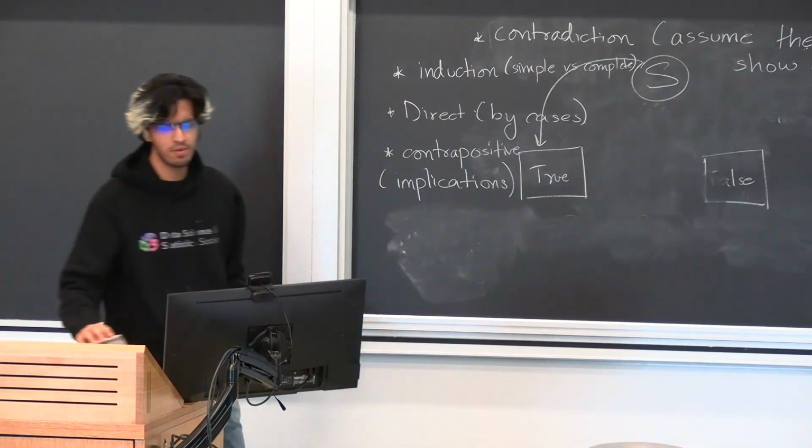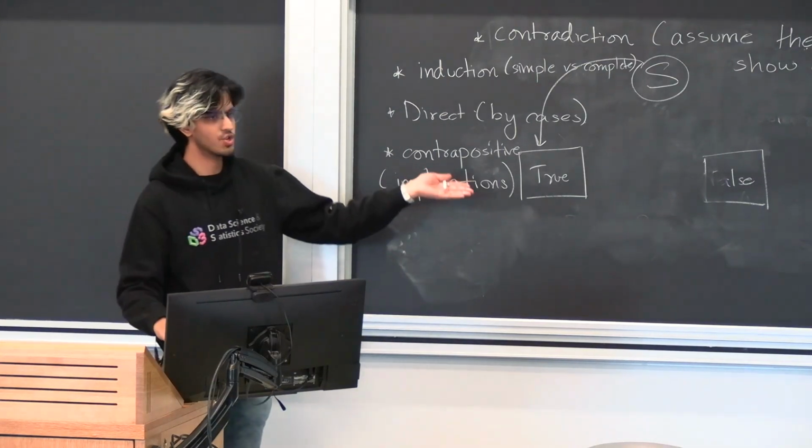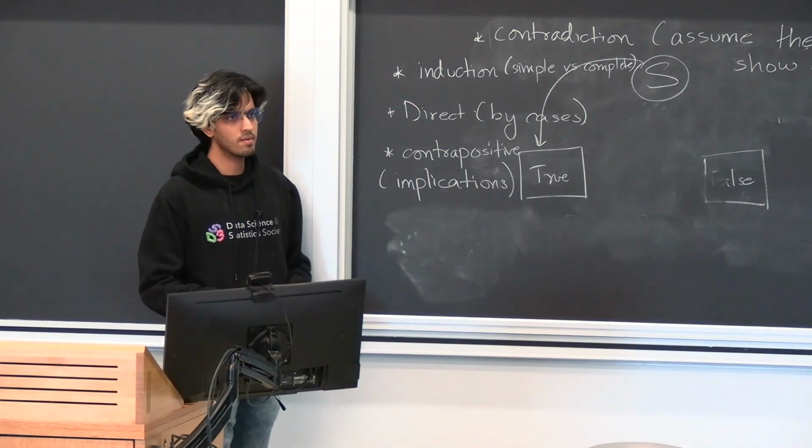When is this useful? Why can't we just assume A and then show B? When is doing a contrapositive useful?